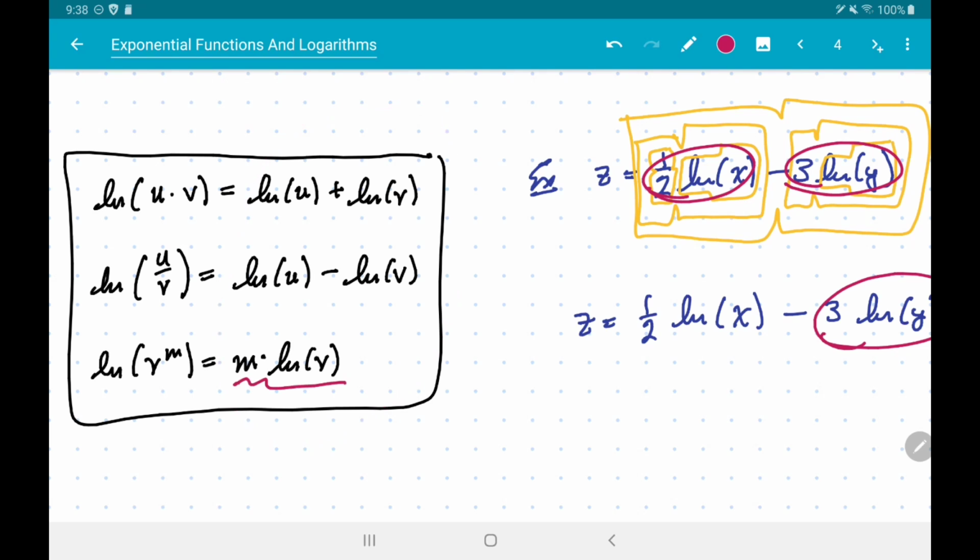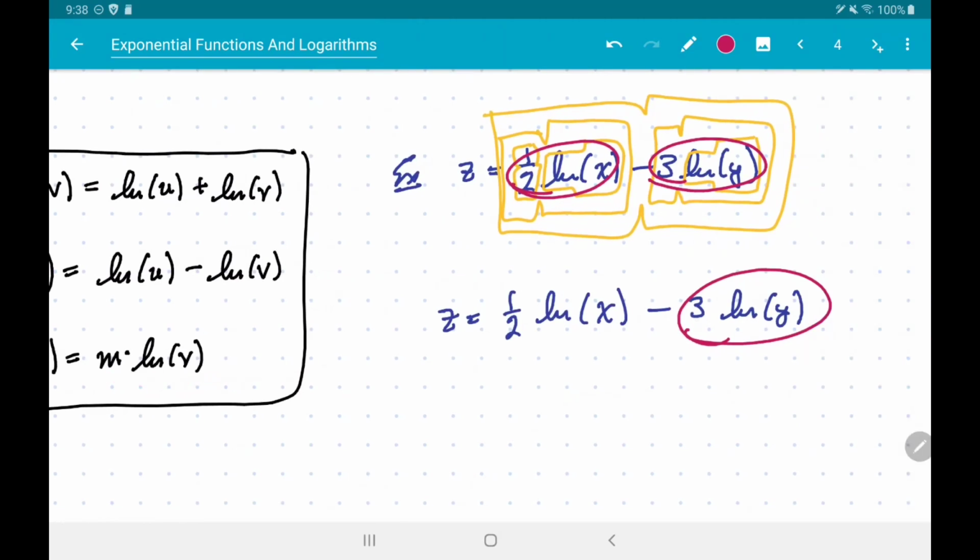Right, we need this one because that one has an m. We can make m times ln of something that we'll call v. And when we put that together, we'll get ln of v to the m.